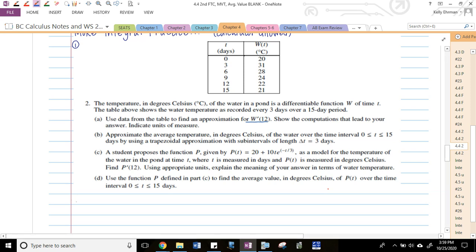All right, so part A, W prime of 12, we're trying to approximate it. I think that you're allowed to use any 2 values to find the secant between, but it would make sense to use the 2 that surround W of 12. So I'm going to say it's approximately equal to W of 15 minus W of 9 over 15 minus 9.